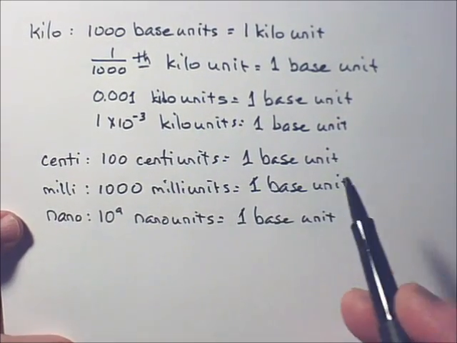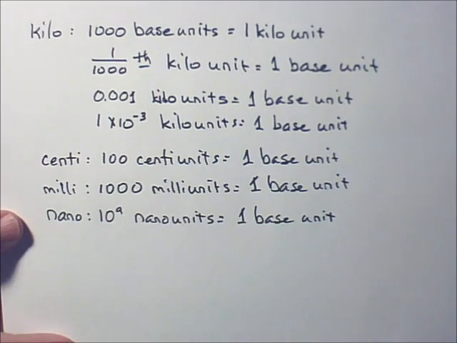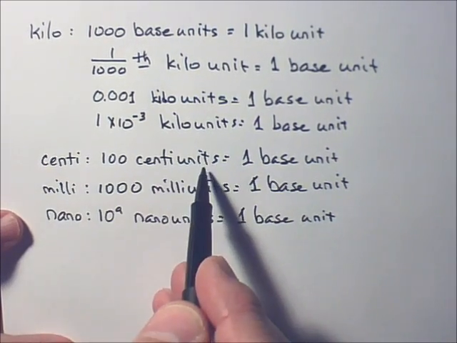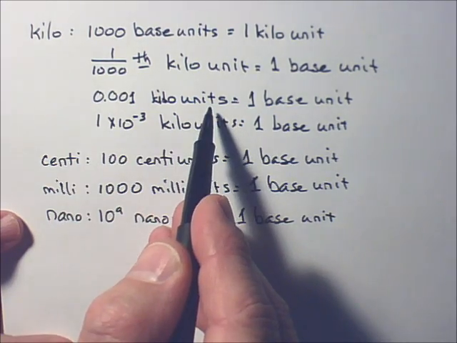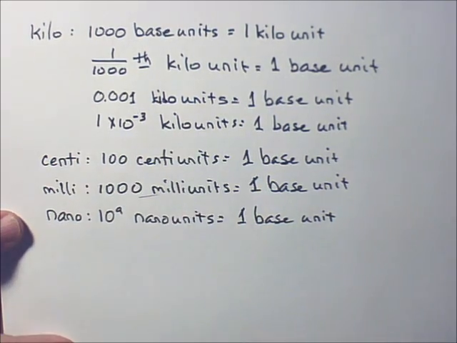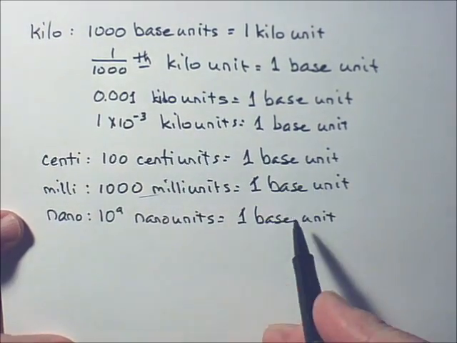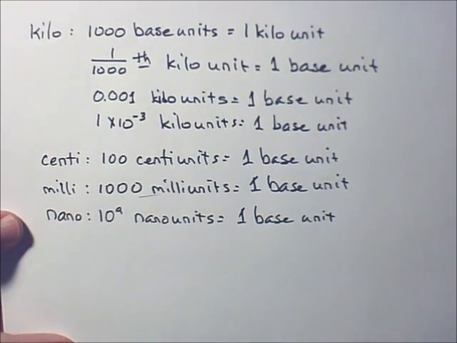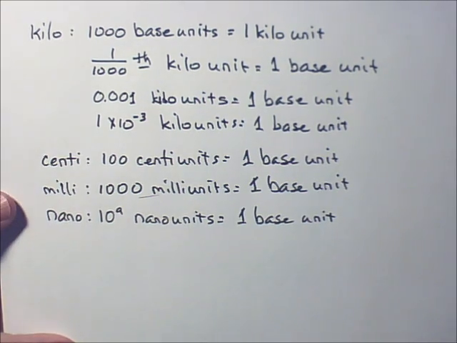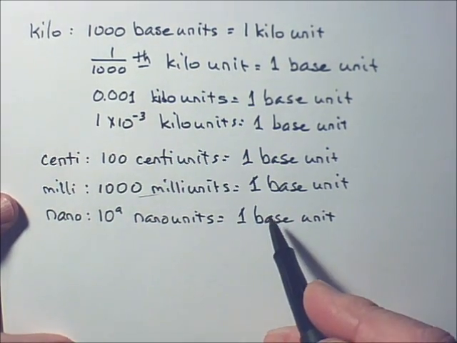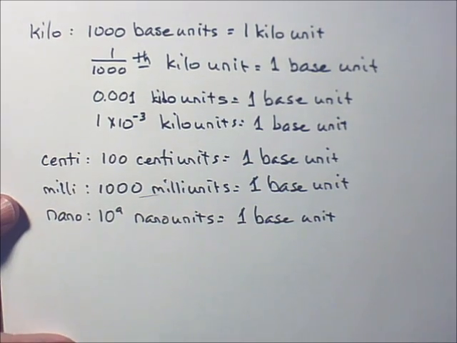All right, look at this. I have all these things equal to a base unit. So this is equal to this, and this is equal to that, because they're all equal to a base unit, so they're all equal to each other. And that's the basics.